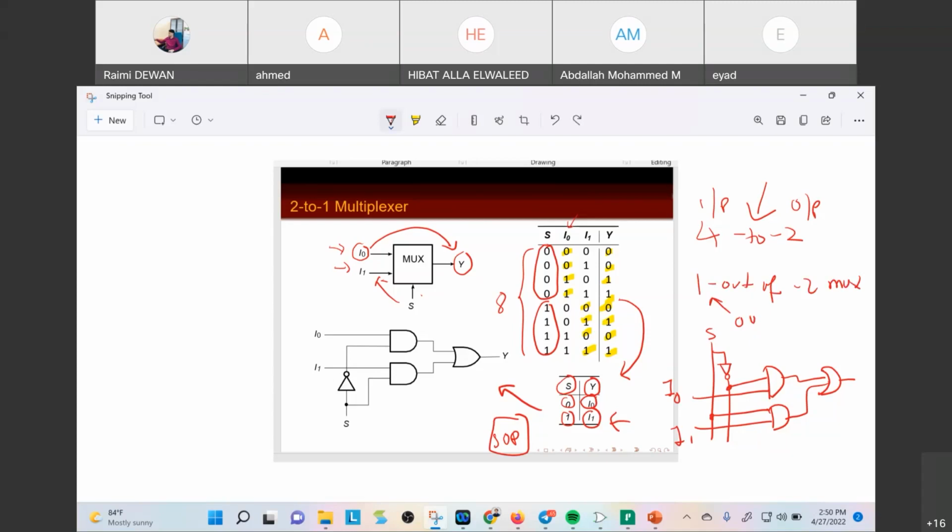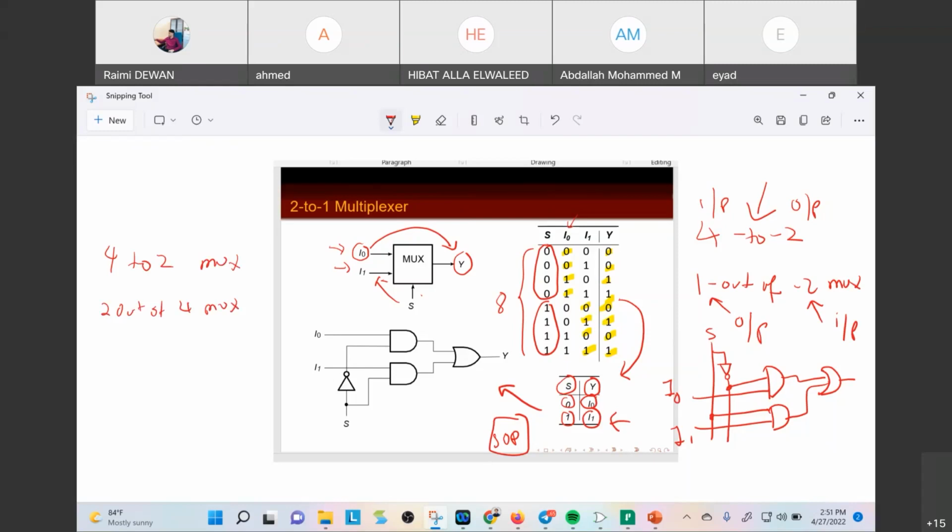Sorry, this one will be your output and this one will be your input. The way of naming is 4 to 2 or 2 out of 4 mux. So it's the same, just a different way of naming it.